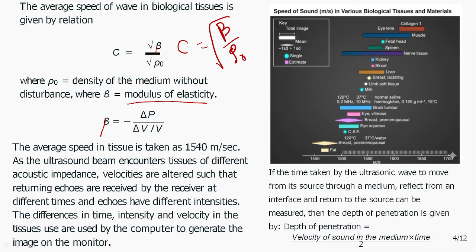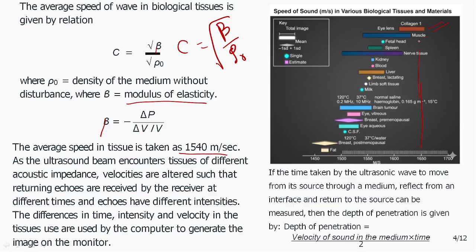This average speed in tissue is taken as 1540 meters per second. Here you can mark, we have different velocities while passing this acoustic signal through different organs, muscles or tissues. For collagen it is around 1650.